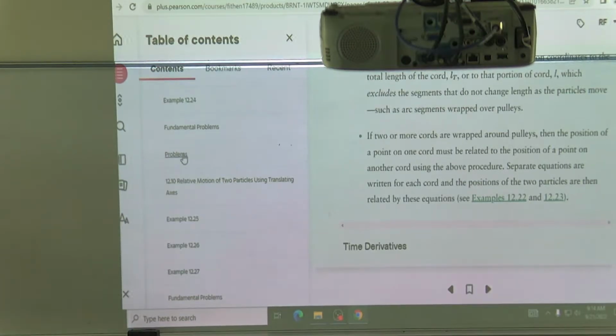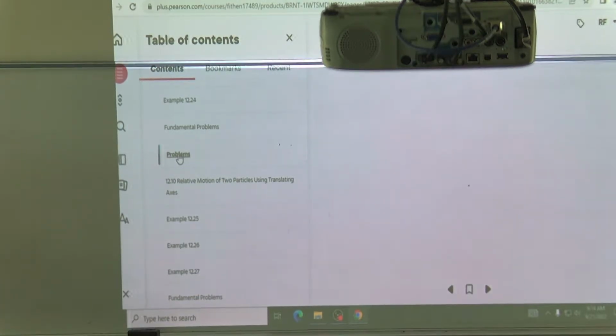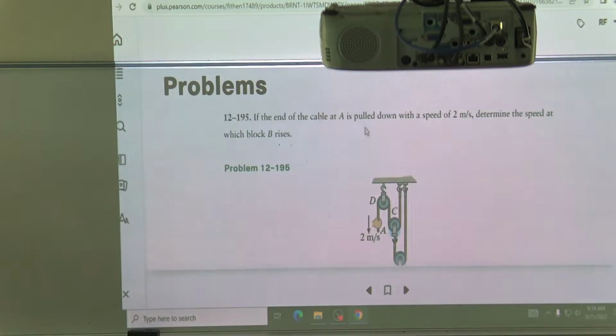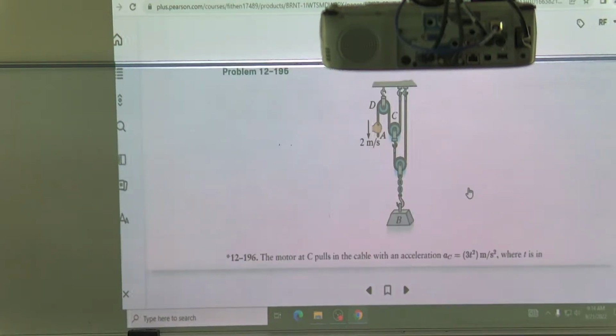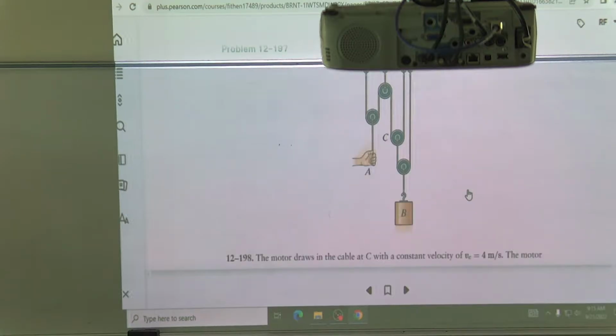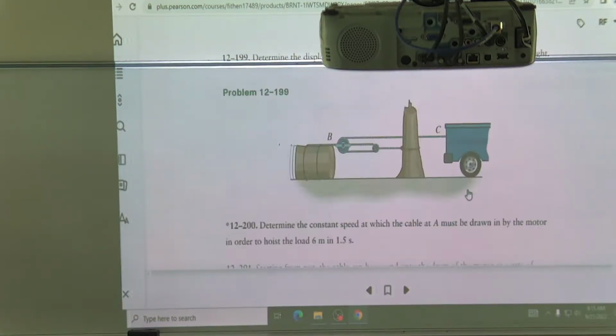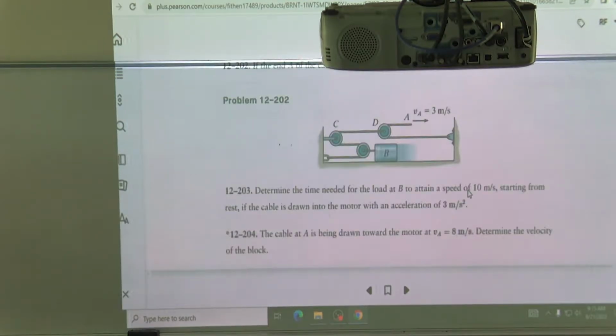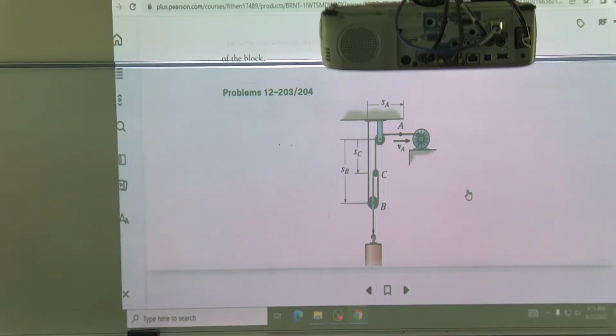Let's see, problems. Okay, he starts with this 195, which maybe we'll do, or maybe this one. I don't want to do the too complicated first. Let me find a simpler one. That actually has one rope, so let's just do that one.